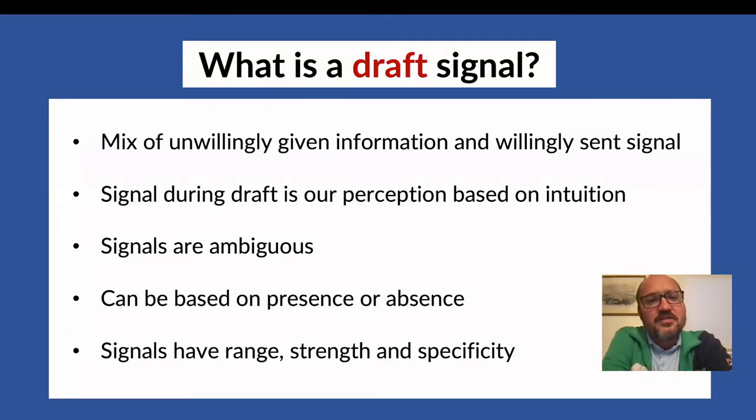But first thing is we send signals whether we want it or not. Because if you're picking a particular color pair, you're going to naturally deplete the pool of the cards from that color, and therefore at some stage of the draft, someone might see it as a signal. And this is unwilling because you don't necessarily want to inform people what you're drafting, but there is no workaround. If you want to draft cards, you need to send this kind of information around.